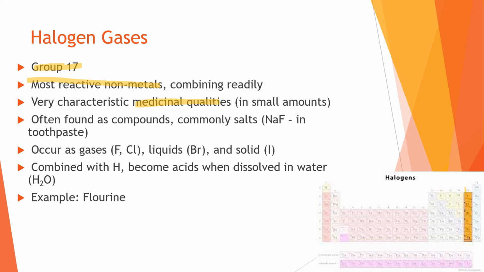Okay, so some medicinal qualities there, often found as compounds, commonly salts. So sodium fluoride is in toothpaste. Occurs as gases, liquids, and solids. And when combined with hydrogen, they become acids when dissolved in water. Okay, so an example would be fluorine.